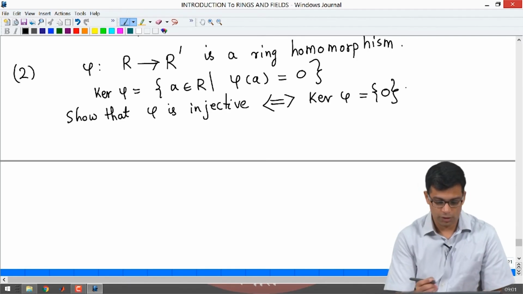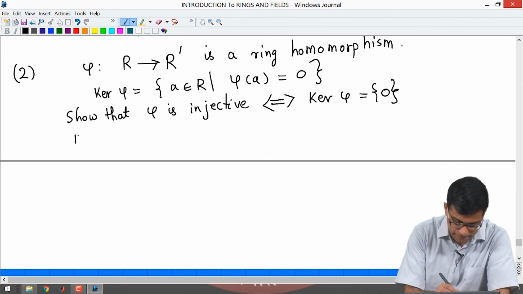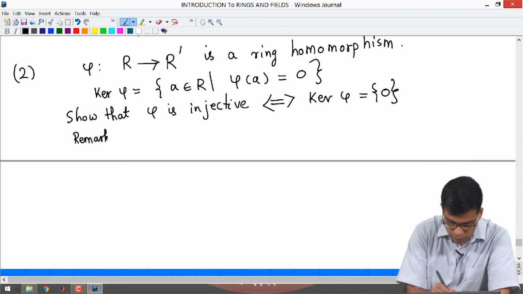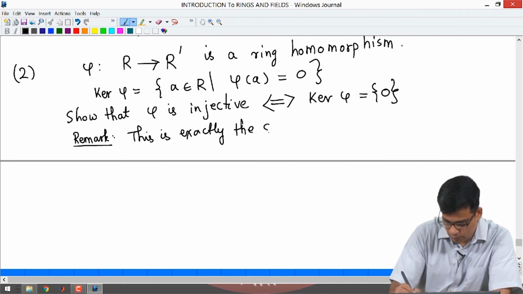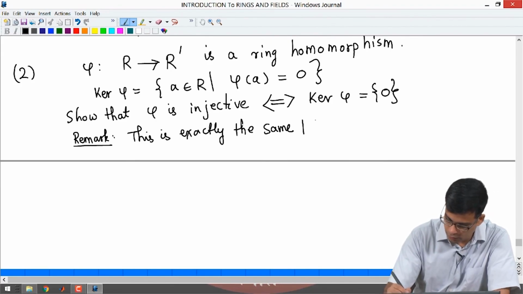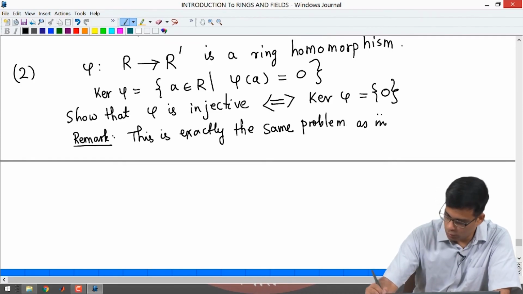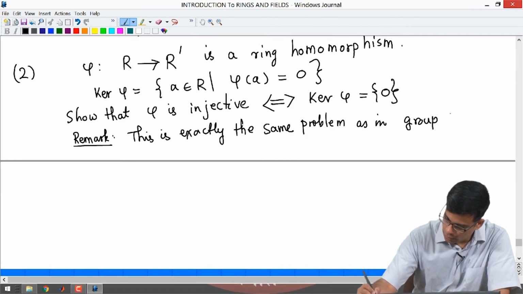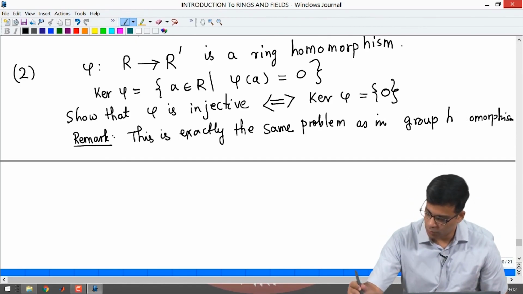I will remind you, if you have taken a course in group theory, this is exactly the same problem as in group homomorphisms.